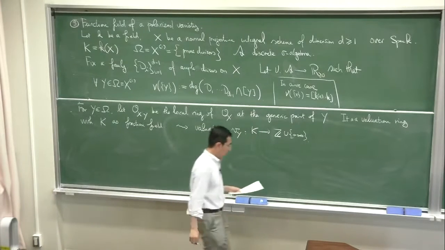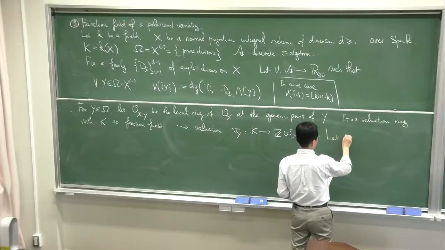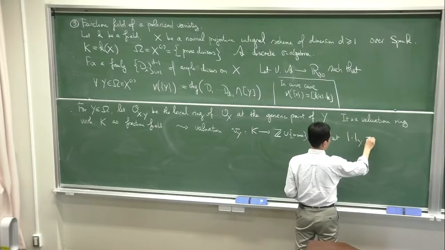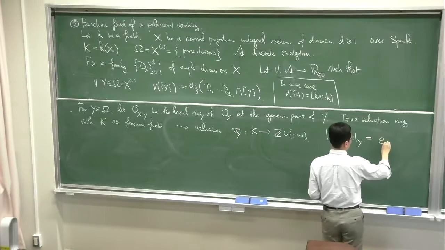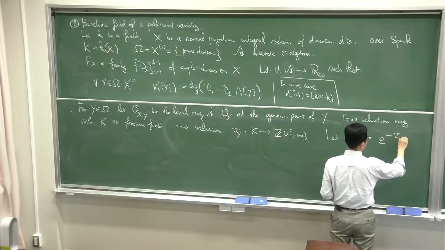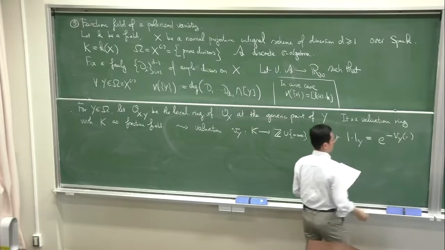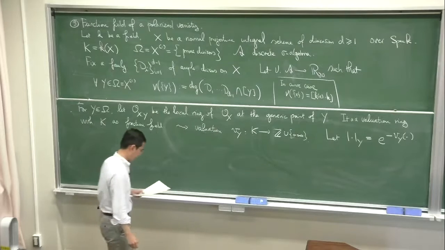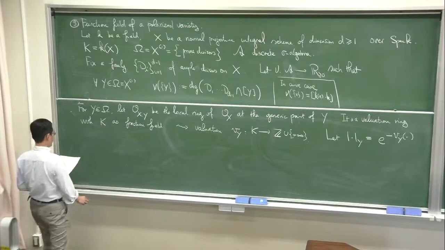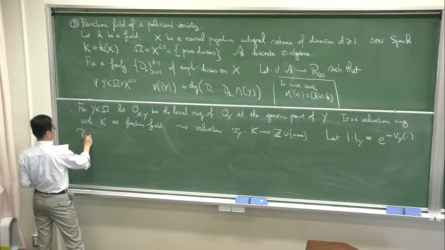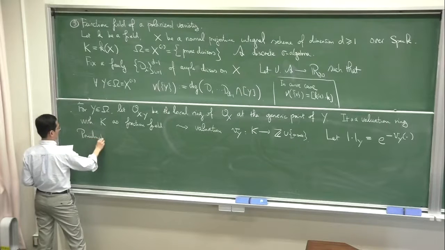Then we just take the absolute value indexed by y, the exponential of minus v_y. Then we have some product formula.